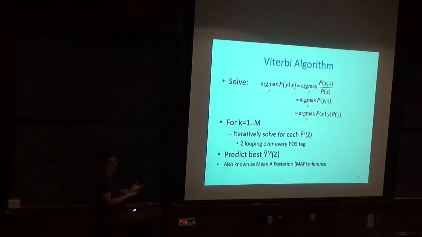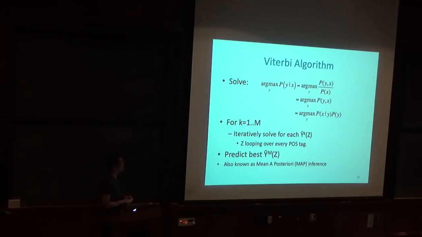Can anyone tell me what the benefit of this algorithm is? Primarily it's the running time. Recall that the naive algorithm would have to loop over all possible sequences of y, which runs in exponential time. This algorithm does not run in exponential time.